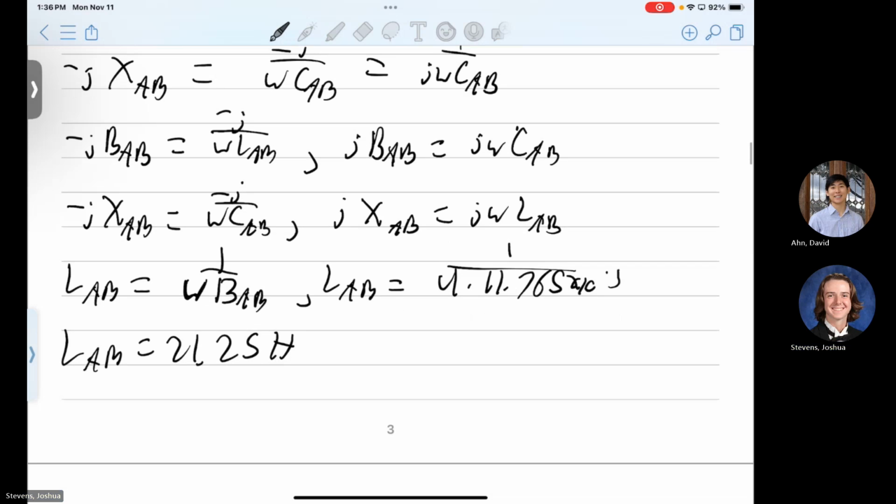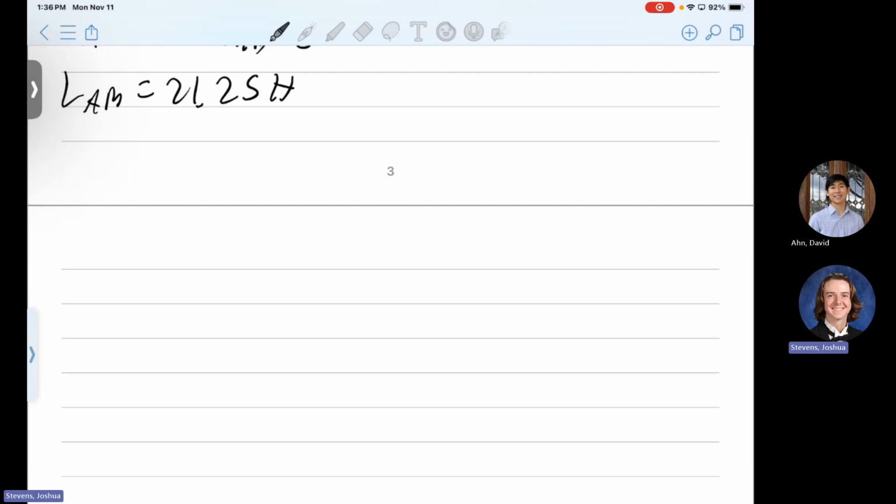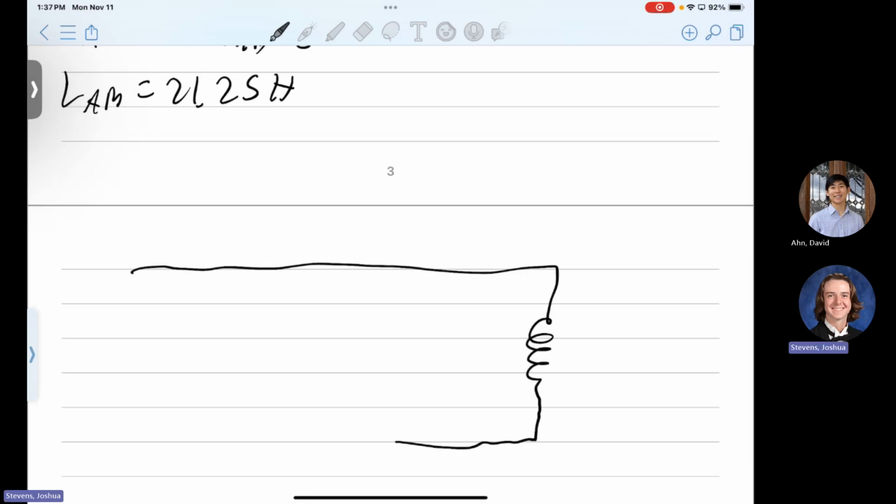This is how he draws it, which I get. I think this might clear it up or it might confuse you more. As an inductor, this is terminal AB.